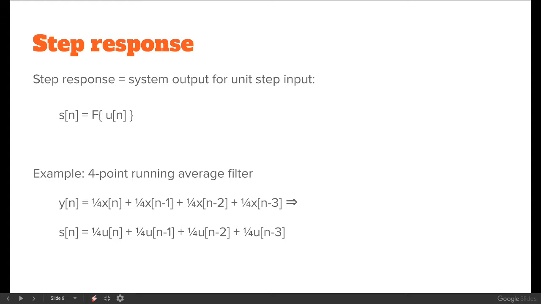That's quite handy when you have a function generator and some electronic system: you run a rectangular wave from the function generator and look at the output on the oscilloscope screen. Basically, you are looking at the step response practically.